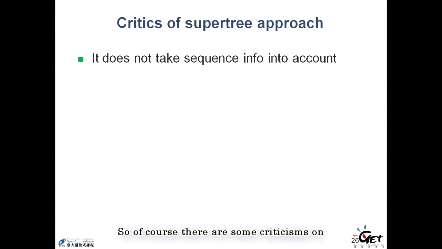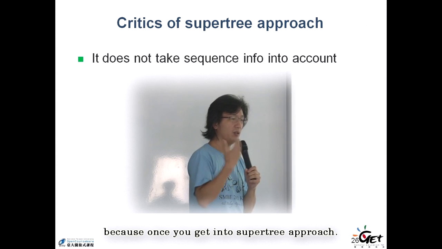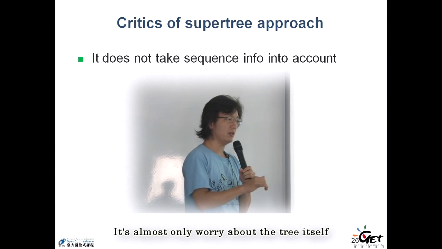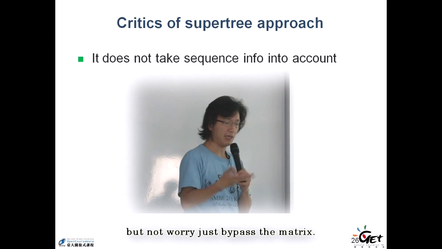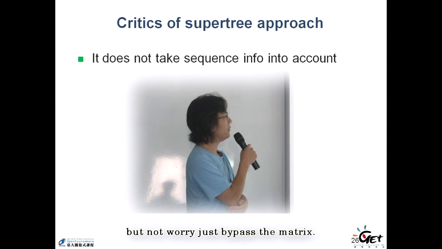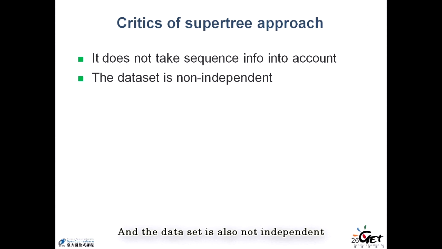Of course there are some criticisms of the supertree approach, because once you get into it, you almost only worry about the tree itself and just bypass the matrix. The data set is also non-independent because it overlaps quite a lot.